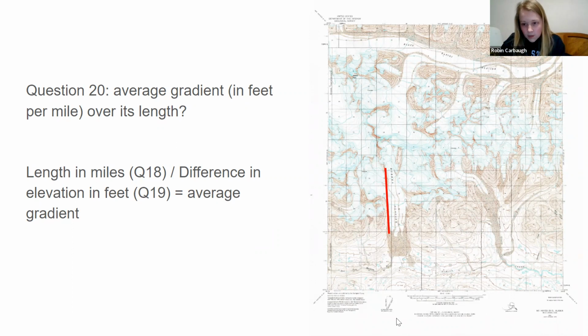So we'd use the scale bar at the bottom, the same way we did for the ogives, measure out the whole length of the glacier, and that would be question 18. And then we can find the difference in elevation, using the contours. You'd go to the 2 ends of the glacier, and they should be the tallest and the shortest. That difference would be the elevation, right? Then we would take the elevation difference divided by the full length, and that would give us the average gradient.